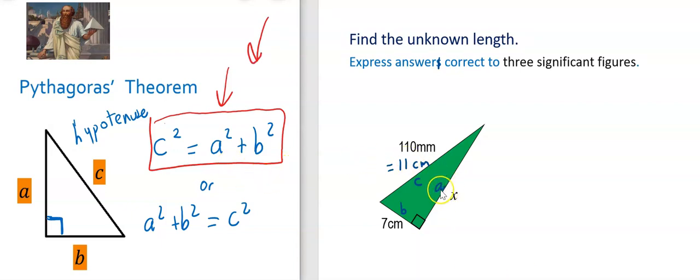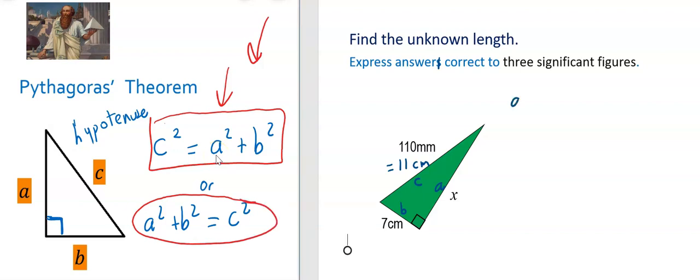We're trying to find A. A is not on the left-hand side in that one, but it is in this one. So let's use that formula instead. A squared plus B squared is equal to C squared. Now we substitute: x squared plus 7 squared is equal to 11 squared.